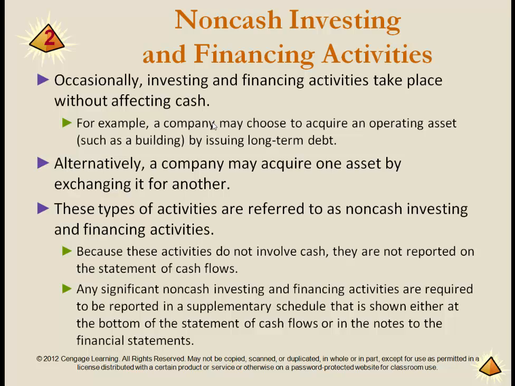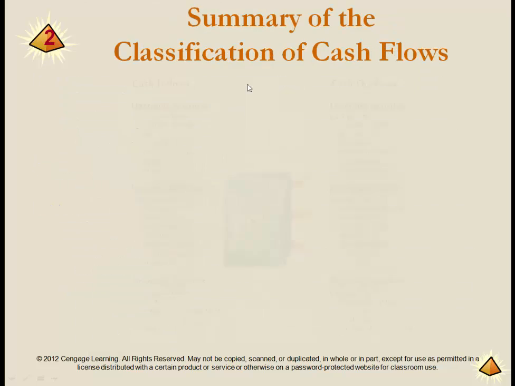They're not reported in the in and out, because if you did, you would have two line items, one for each. And so you want to report those as a separate and distinct line item in a supplemental schedule, because it still is important to know, but you don't need to report those in the statement of cash flows in the line items in the operating, investing, and financing sections at all.